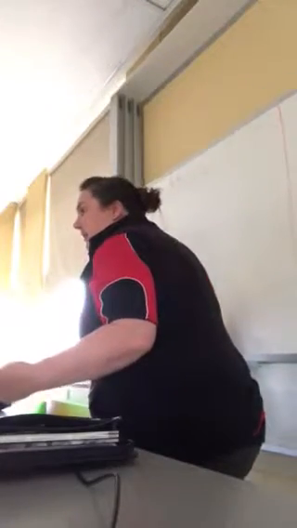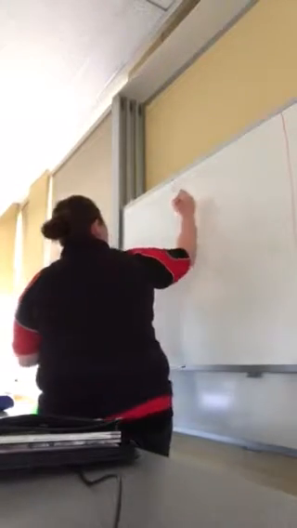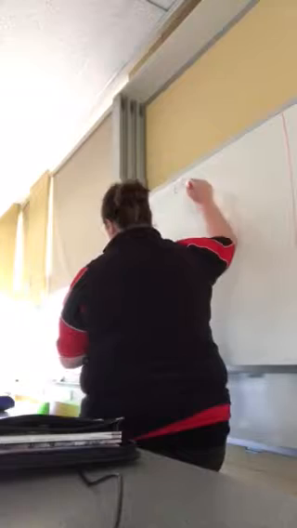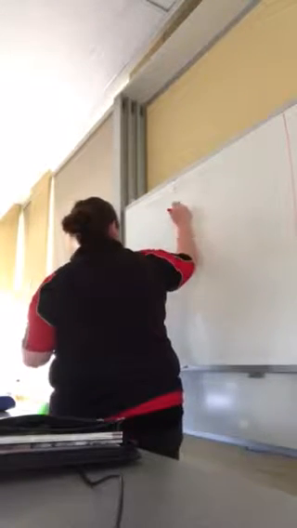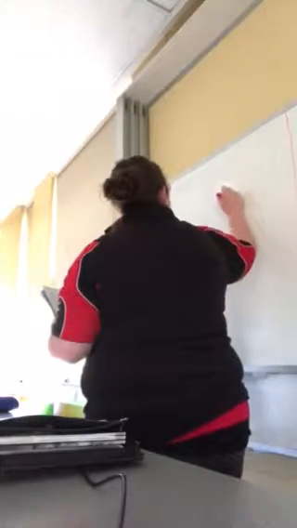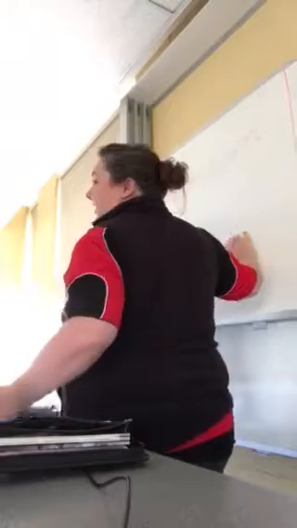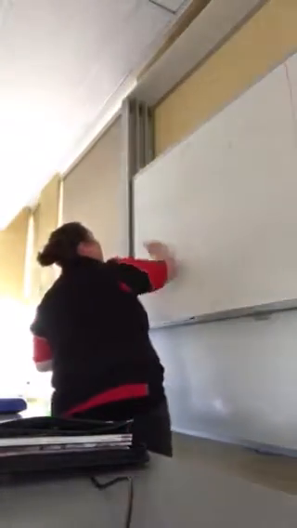I'm going to go through empirical formula. So, we've got a compound. It's made of carbon. It's made of hydrogen. There's 81.81% carbon in this compound and 18.19% hydrogen. First step that we do is we draw a table.